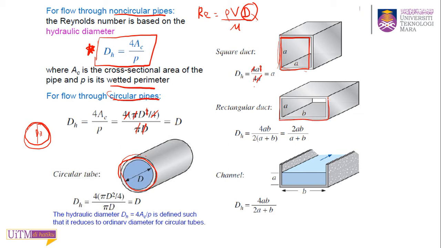The perimeter is A plus A, B plus B, that's why it is 2A plus 2B, which is 2 in bracket A plus B. If you simplify this, it will give you 2AB over A plus B. So this is your hydraulic diameter for a rectangular duct.